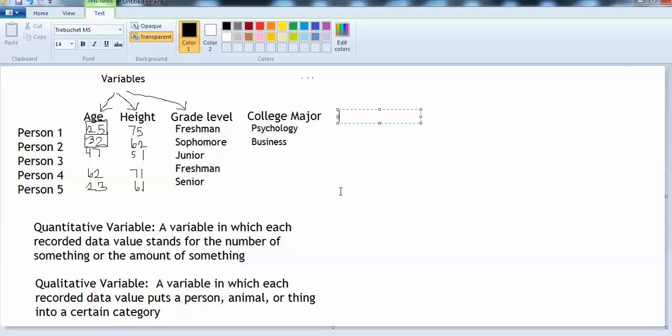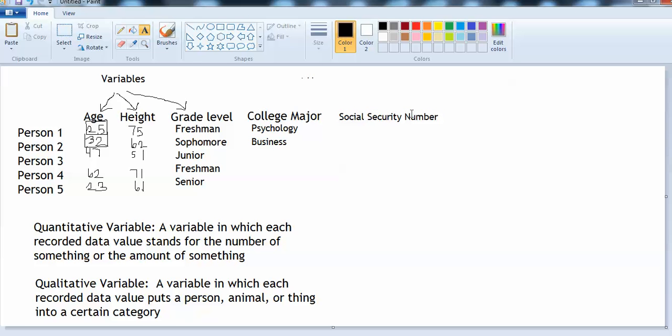What if we asked each person, what's your social security number? That would be a variable because different people have different social security numbers, but it's not quantitative because a person's social security number doesn't show the number of something or the amount of something that the person has.